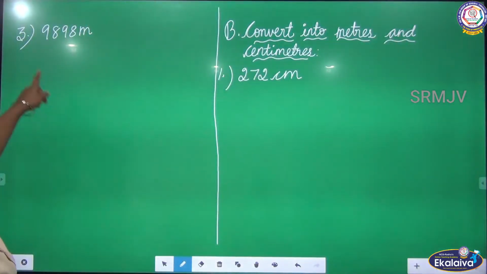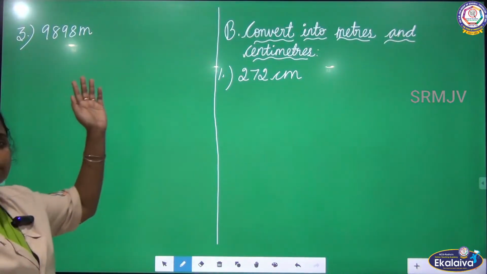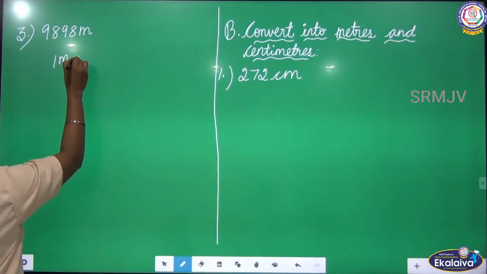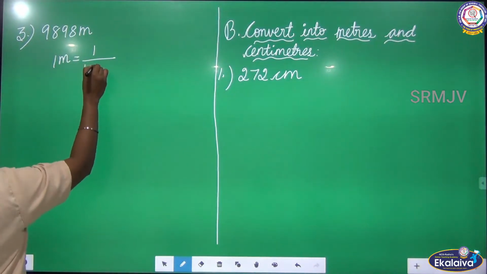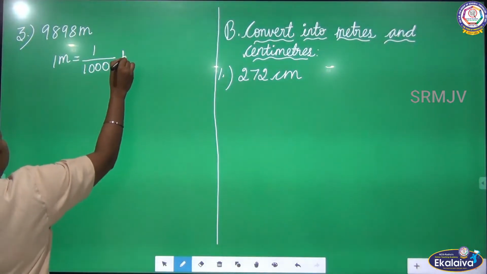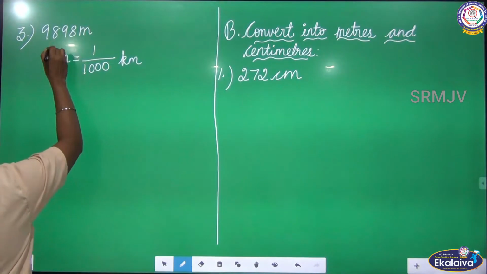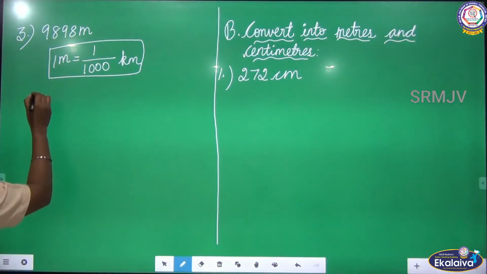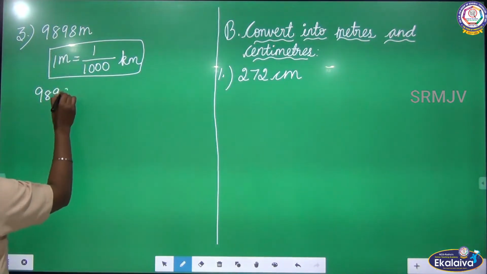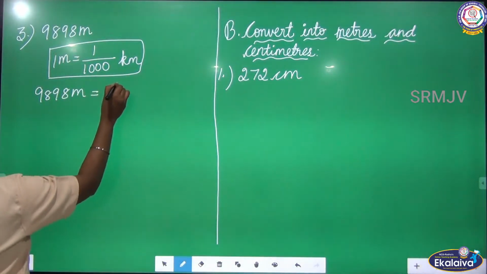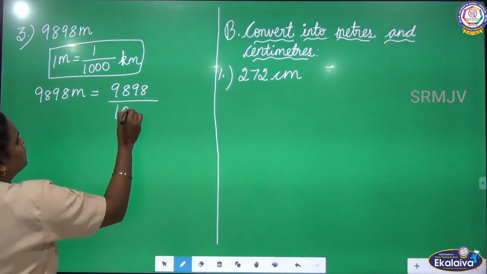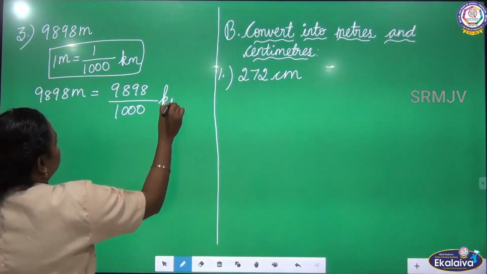Next one, same. 9898 meter equals, we are going to convert into kilometer and then meter. 1 meter equals how many kilometers? 1 meter equals 1 by 1000 kilometer. So 9898 meter equals 9898 by 1000 kilometer.